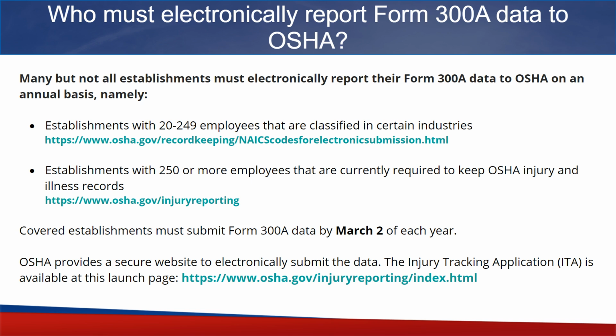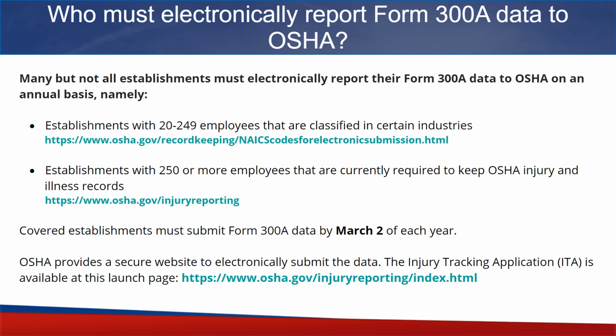A complete list of covered industries for this establishment size class is found on this slide by using the Certain Industries link. In addition, establishments with 250 or more employees required to keep OSHA injury and illness records must also report these data. In other words, not all establishments are subject to this reporting requirement.